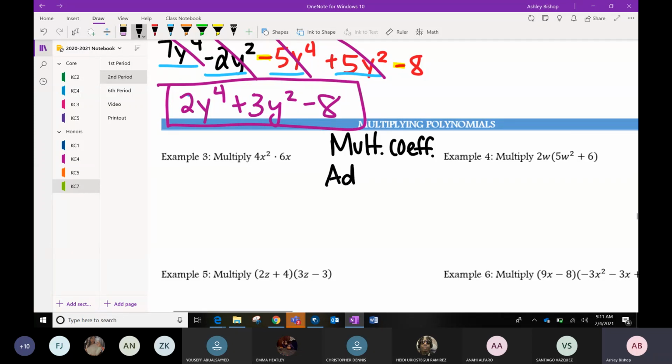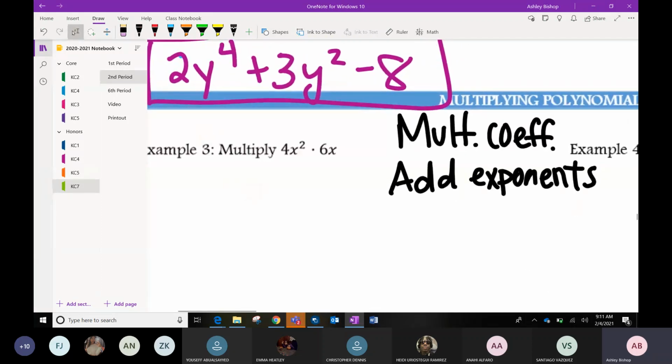We've been doing this subtly. Okay? So when I say multiply 4x squared times 6x, the very first thing I want you to remember, which you guys are pretty good at remembering, is if a letter doesn't have an exponent attached to it, it has an exponent of 1.